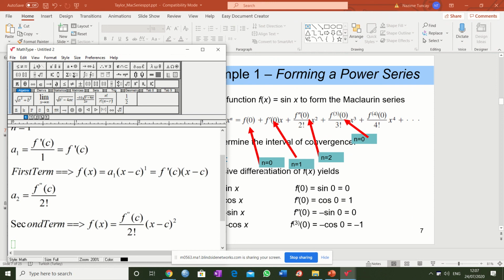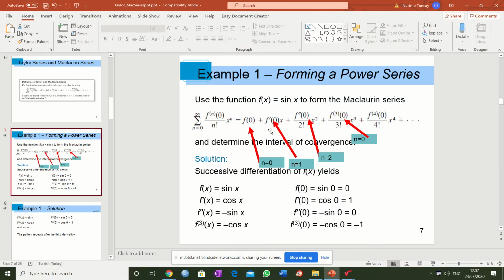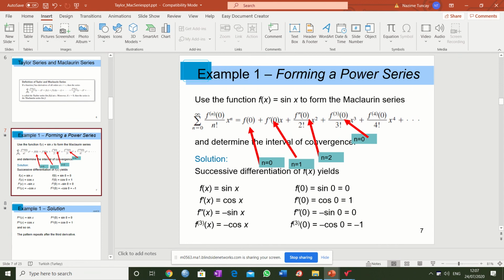n is the number of terms. This is the 0 term, this is the first term, second term, third and fourth. But we are seeing zeros. What are these zeros? These are this value c here. So let me write it: c equals 0 for all the above.